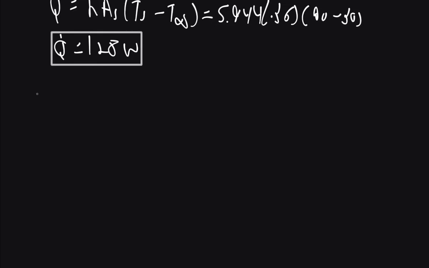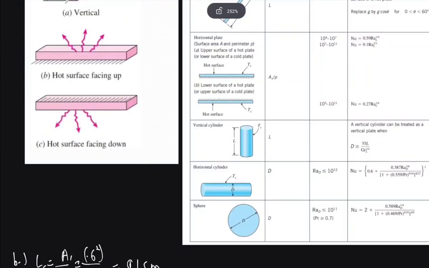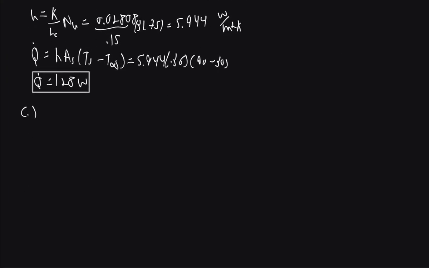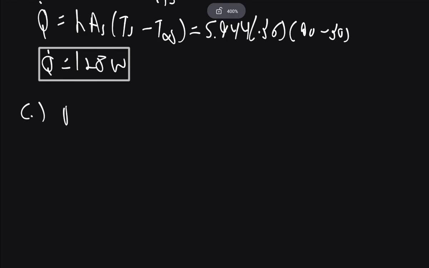And then the last one, part C, the hot face is now at the bottom. So that's part B of that other table here. We can use the same characteristic length, which means that the Rayleigh number does not change. We don't have to calculate that again. But the Nusselt number does change. And our Rayleigh number is between 10 to the 5 and 10 to the 11th. So we're good there. And we can use this formula, 0.27 times Rayleigh to the 1/4.